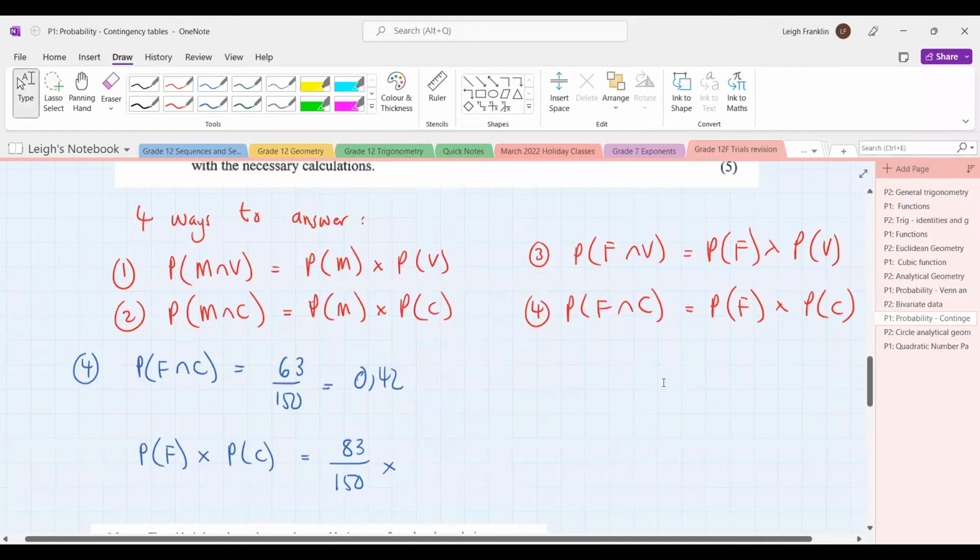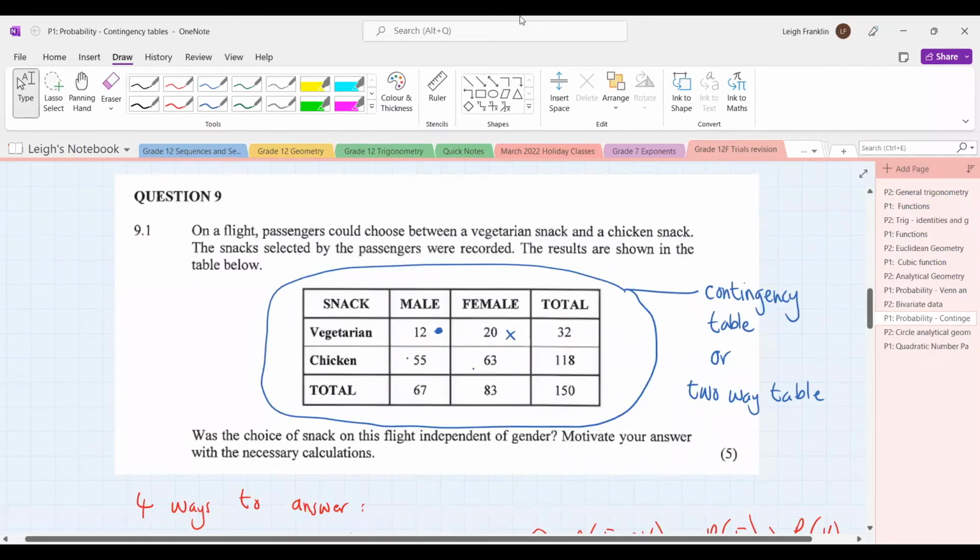What is the probability of somebody choosing chicken? Not 63? That's female and chicken, but somebody choosing chicken? Ah, there we go, Nick, 118 out of 150. So you're looking at the total column.